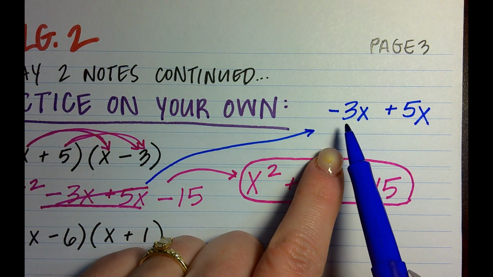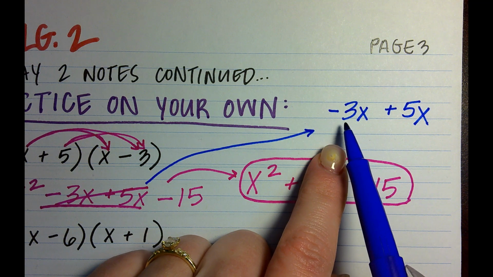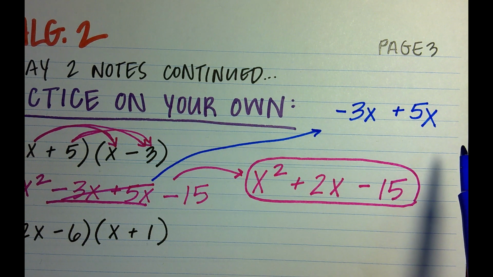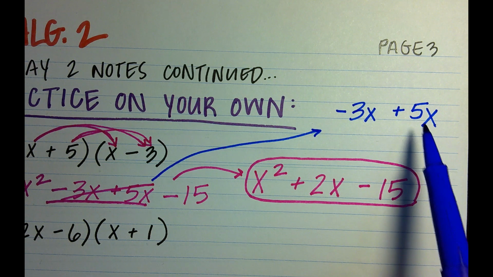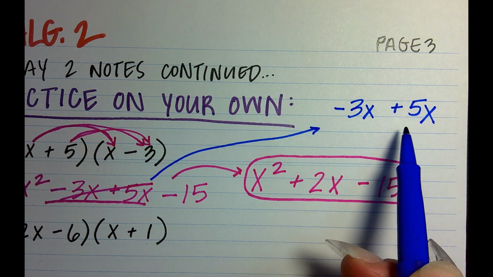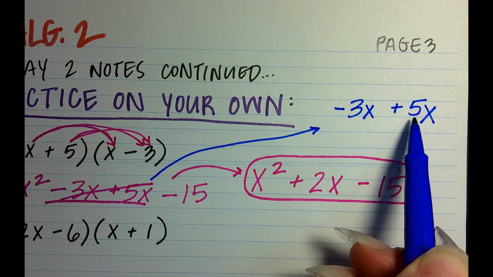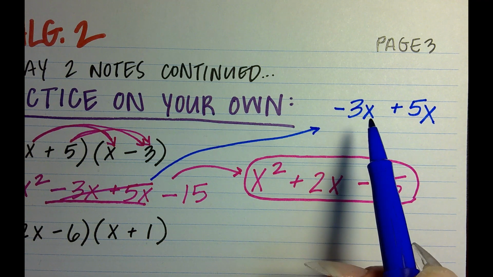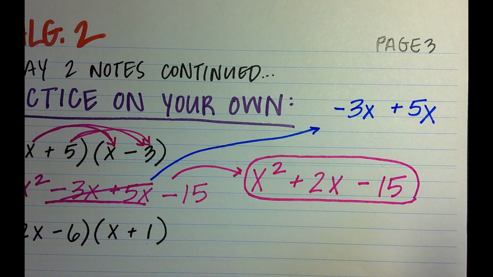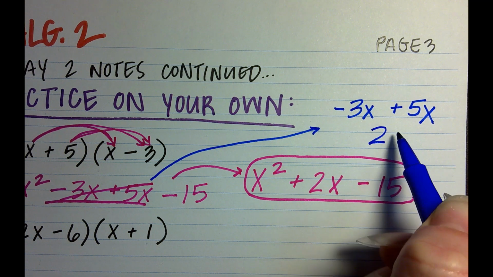So if I have a -3 and a +5, which value is greater? The +5, it has a greater absolute value. So really what's happening here is I'm taking 5 and I'm adding -3, which is the same thing as 5 minus 3. So we are going to end up with a +2x.